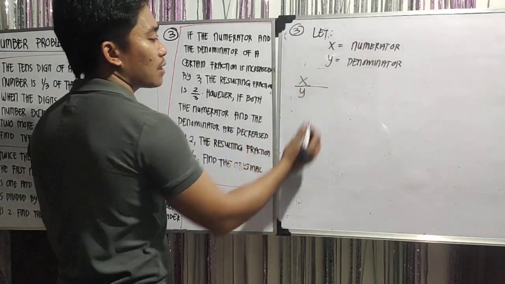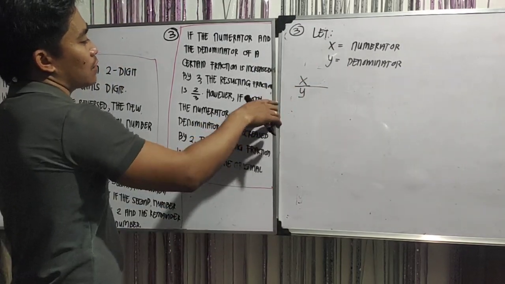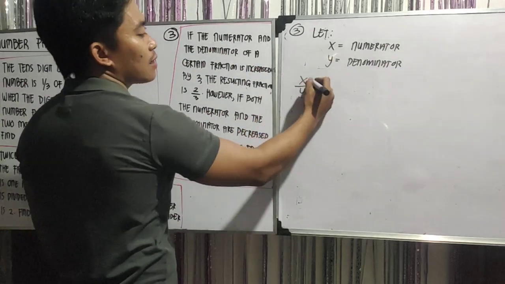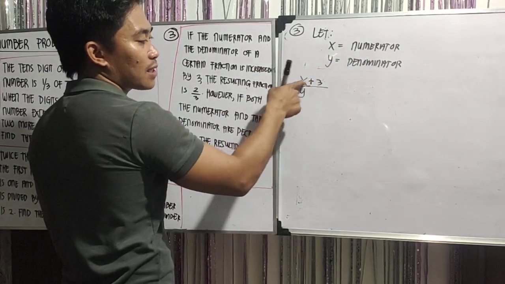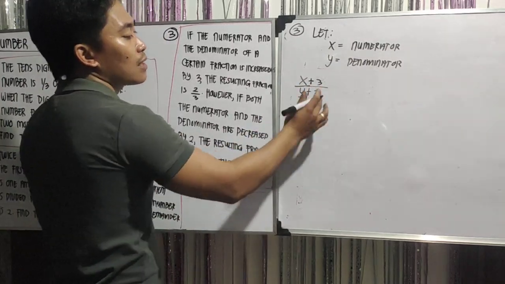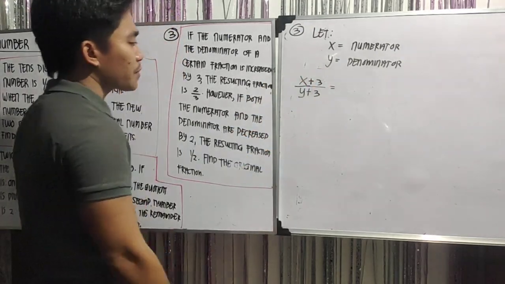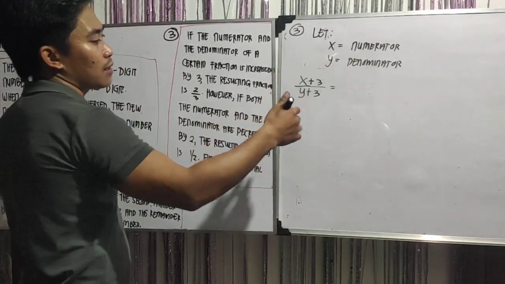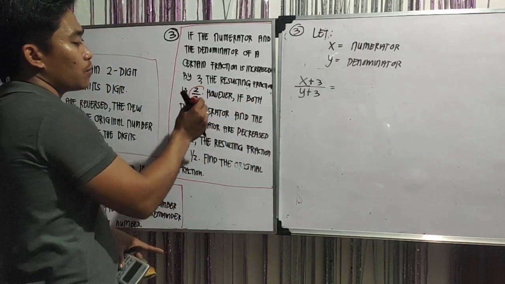Kaso, yung sabi niya, if the numerator and the denominator daw is increased by 3, so kumbaga, dagdagan mo yan ng 3. Yung numerator mo, which is x, dagdagan mo ng 3. Same goes with the denominator. Kaso, if this happens, the resulting fraction is what? The resulting fraction is simply 2/3.